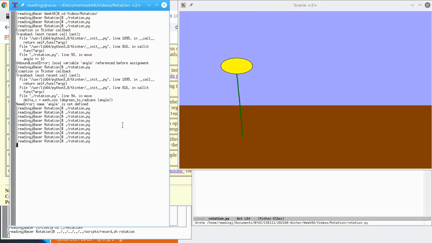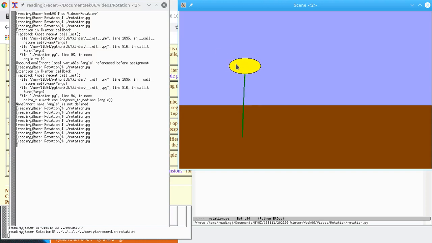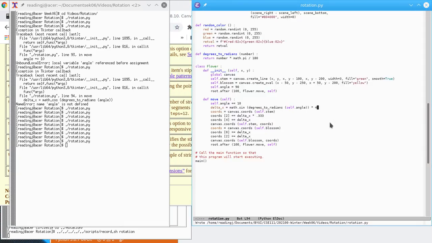Now you can see the problem. I'm not rotating the blossom, so it's just moving back and forth, so it doesn't look entirely natural. You may notice the motion is a little bit jumpy because we're only moving every 1/10 of a second. So we increase this to 100 times a second instead of 10 times a second, but then we have to cut down the amount it moves each time.